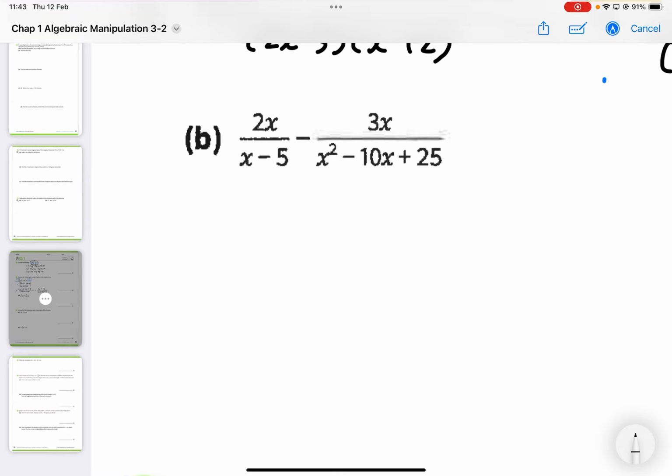Okay, for part B again, let me ask. Gerald, what is the big picture here? What are we doing? What is this question asking you to do?